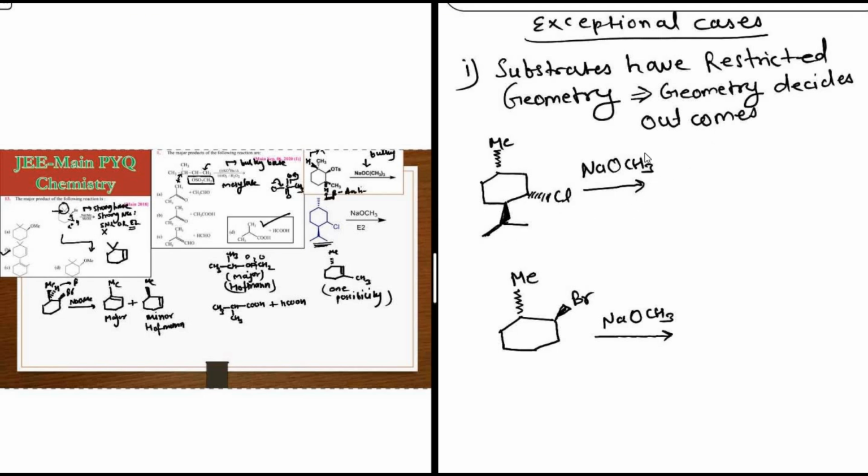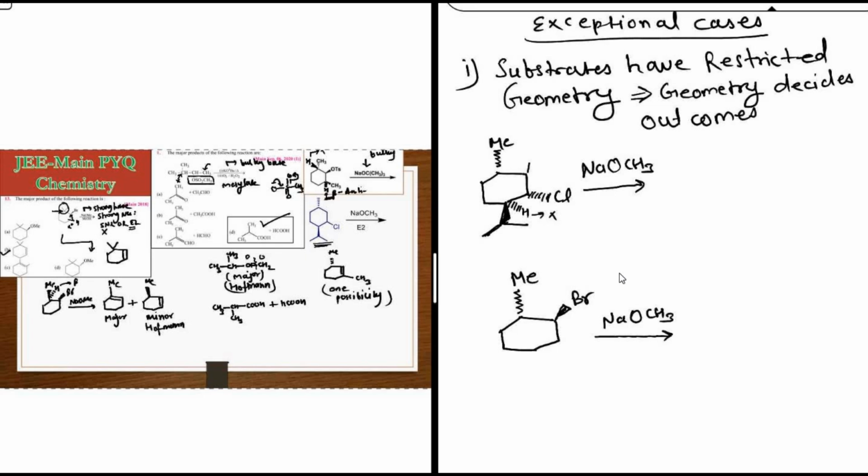For example, in this case, this is sodium methoxide base and we are thinking it should give the more substituted alkene by removing the hydrogen from this position to give the double bond at this position, but we can't give the rotation about this C-C bond, and hence there is a beta hydrogen which is not anti-periplanar, and hence we can't remove this beta hydrogen.